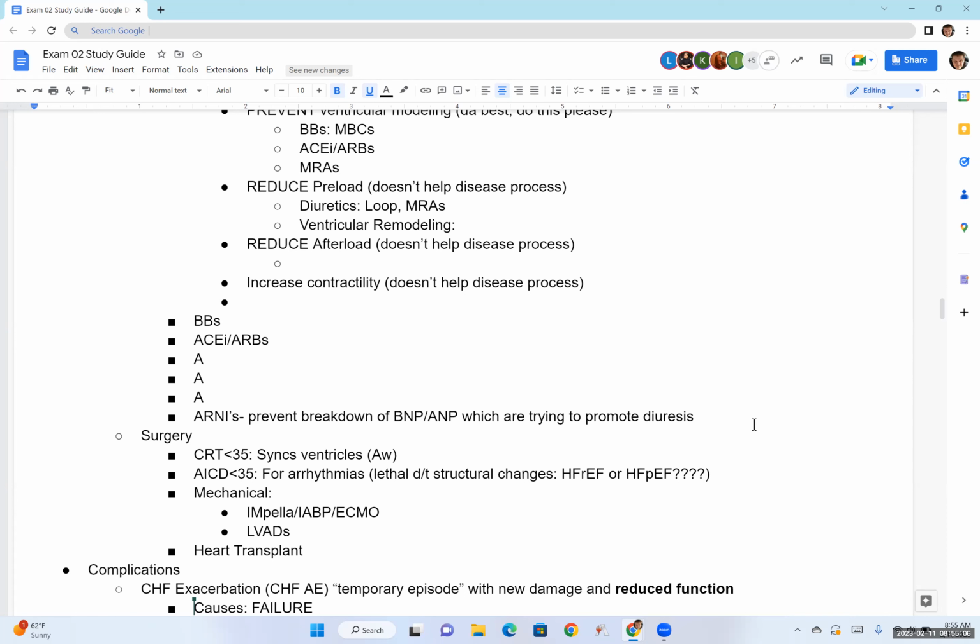They sync it up so they contract at the same time. It looks like a third-degree block, but third-degree block has to do with the AV node. This is just the ventricles being misshapen, and you want to make sure they're contracting at the same time. It's doing right then left, and that rocking motion can throw off the EF.